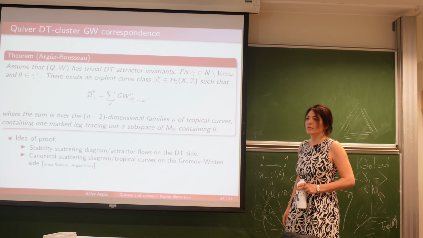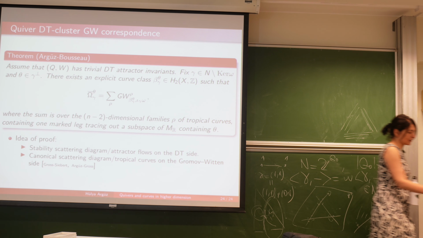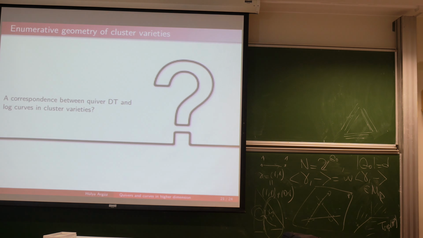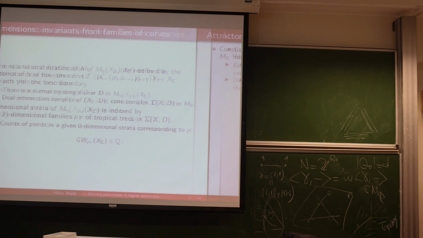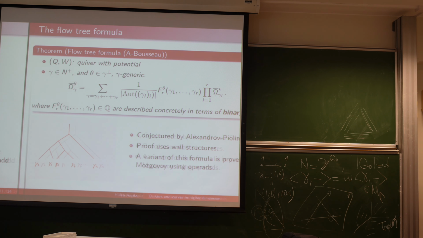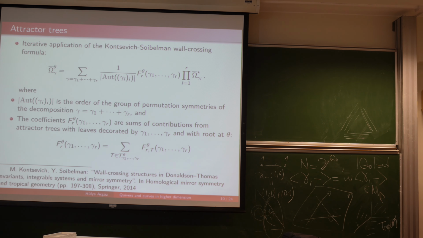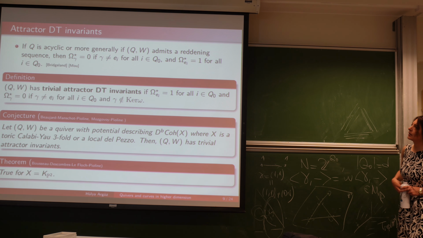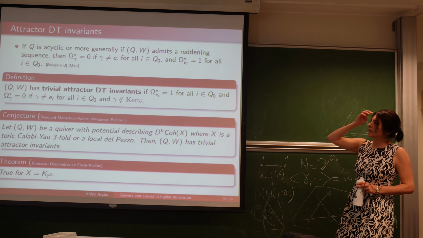When people do that, it should be related to stability conditions of the Fukaya categories. Maybe you're in a situation where the Fukaya category might have a description of square potential. And then this geometric attractor DT invariance, maybe in a first approximation they should be related to this.